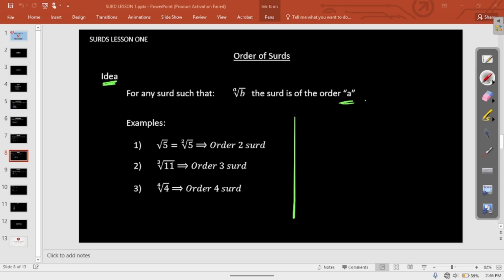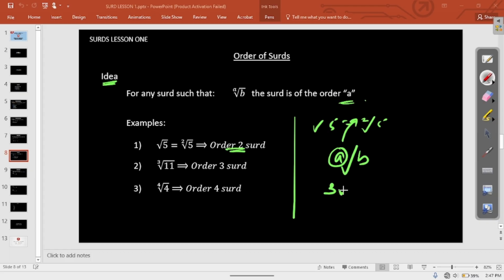Maybe we could talk about a number like the square root of 5, written as 2 root 5. From a root b, you can equate a to 2. And this a gives us the order of that particular surd. So if it is 2, then the surd is of order 2.